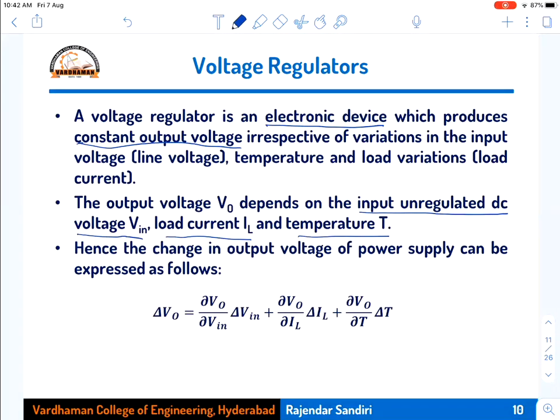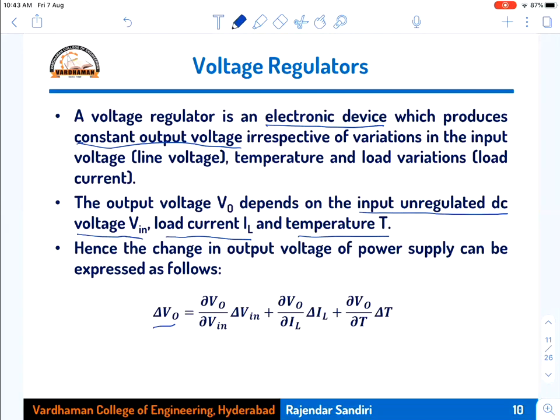Now, if you see the variation of this output voltage with respect to variation of all these three parameters, then the change in the output voltage of the power supply can be expressed as delta V0 is equal to dou V0 by dou Vin into delta Vin, plus dou V0 by dou IL into delta IL, plus dou V0 by dou T into delta T. This shows how the output varies with these three input parameters.